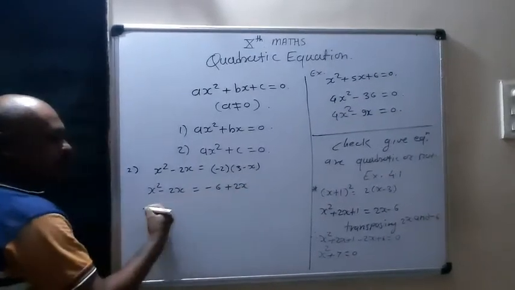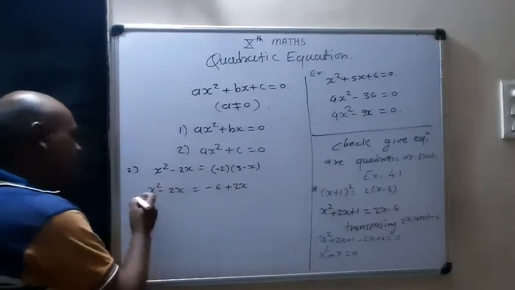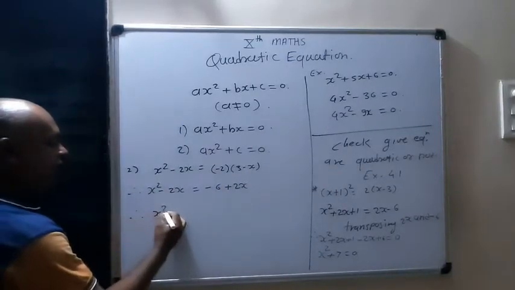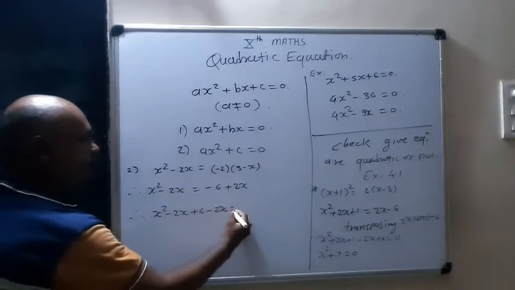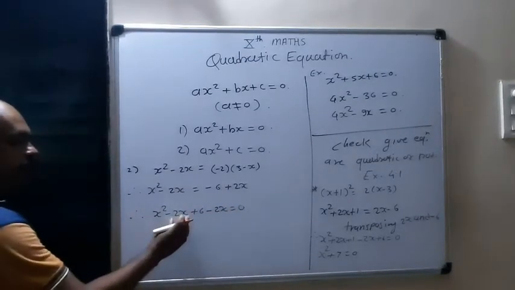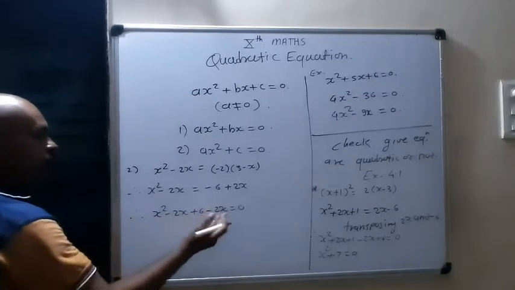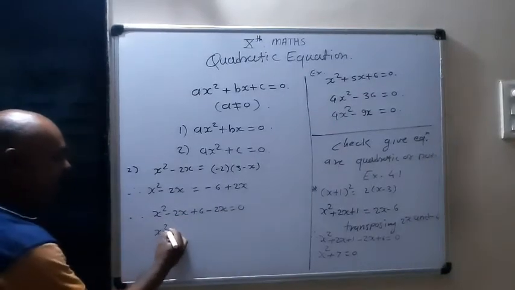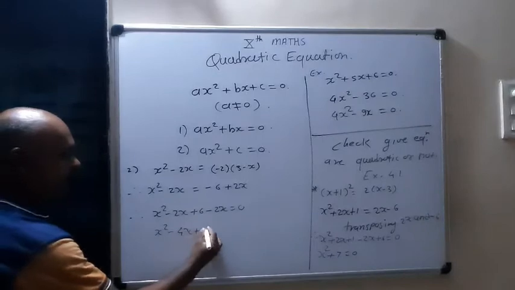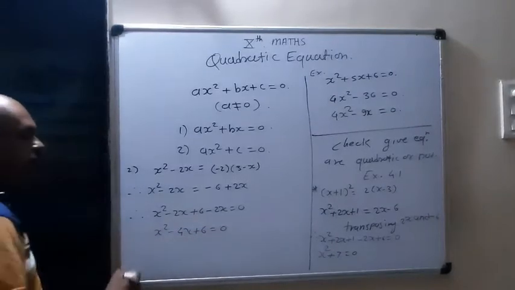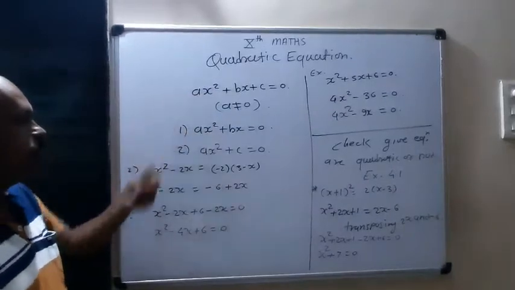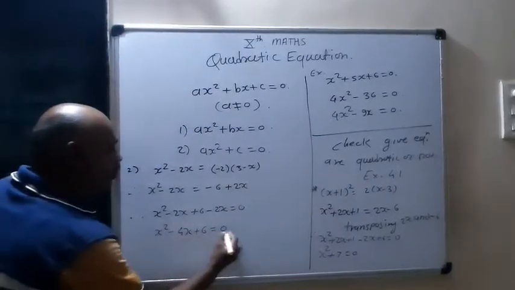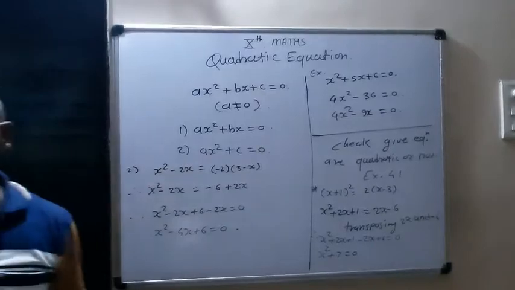By transposing minus 6 and 2x, then x square minus 2x plus 6 minus 2x is equal to 0. Here also minus 2x minus 2x becomes minus 4x, so x square minus 4x plus 6 is equal to 0. When we compare it with the standard form, here it is a quadratic equation. It is also a quadratic equation.